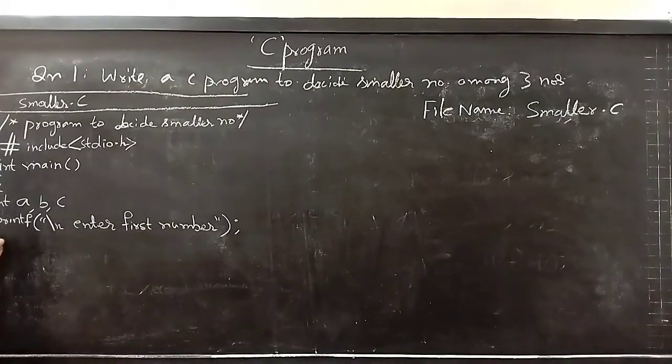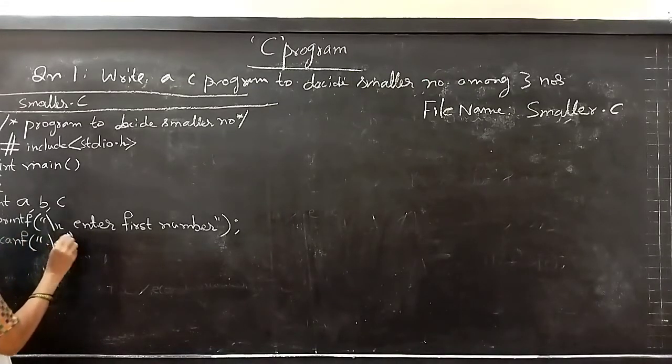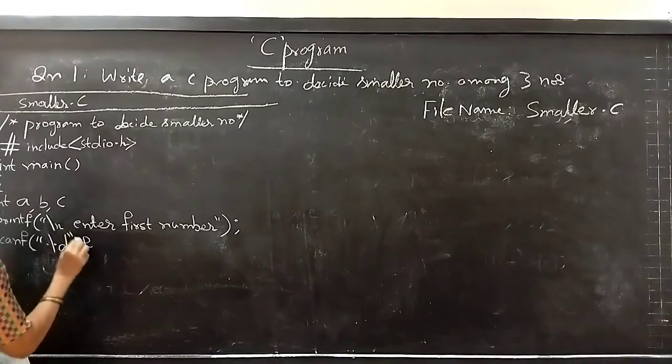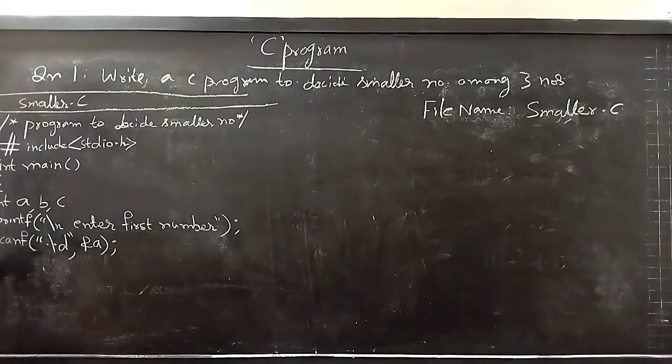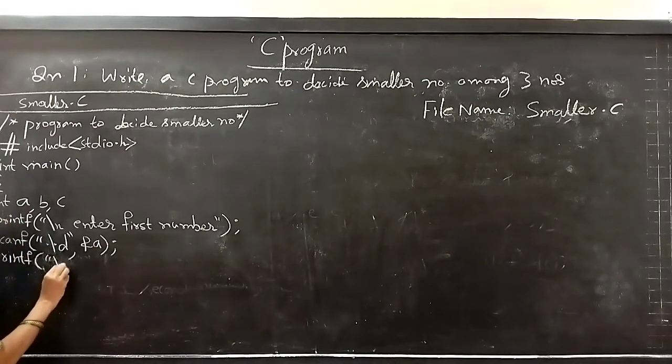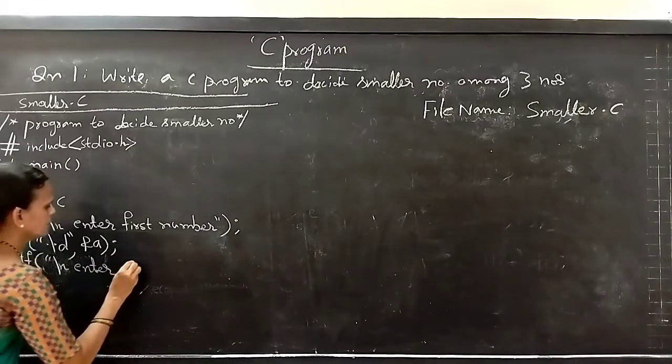Next you write scanf, open bracket, open quotes, percentage d, close quotes, comma, and ampersand a, semicolon. Then on the eighth line again you write printf, open bracket, backslash n, enter second number.